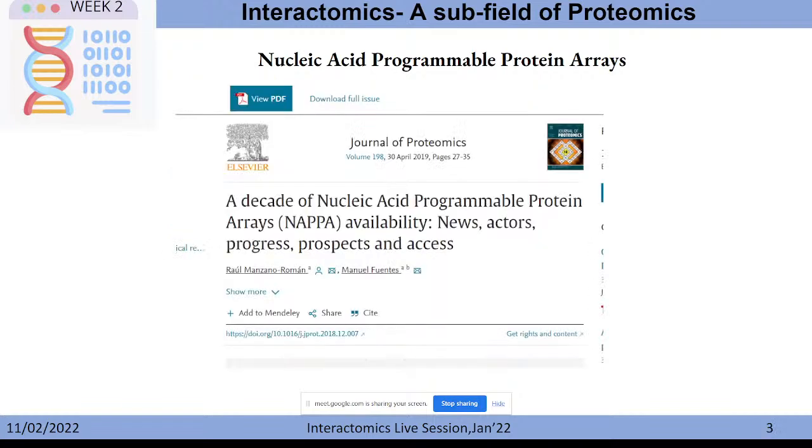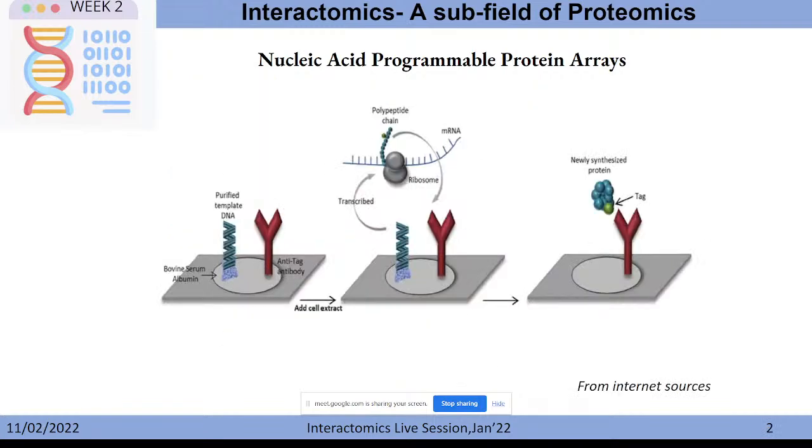So the major thing to understand here is the major components. What are the components required? What are the advantages of it? And how the DNA, after the protein is expressed, gets tapped into that particular position. Then the important part is the quality control, to find out that equal amounts of DNA have been printed on the chip and equal amounts of protein have been expressed throughout, and then the inter-chip reproducibility.